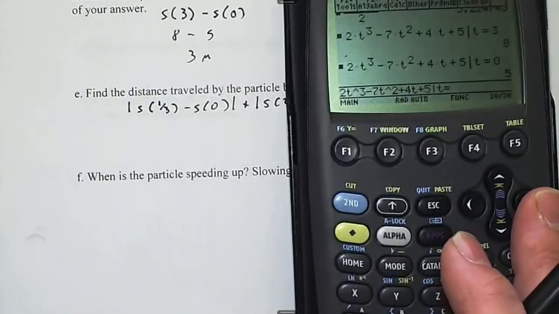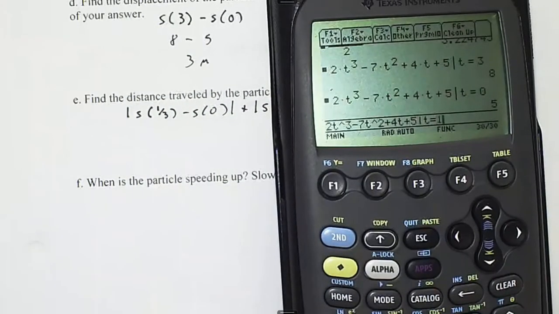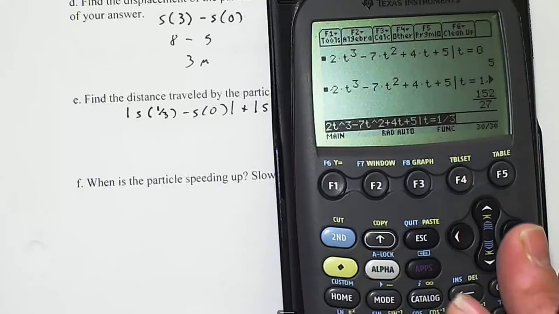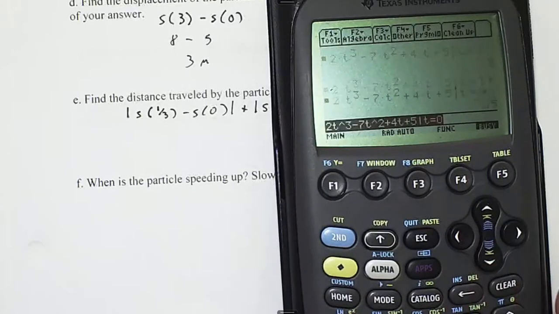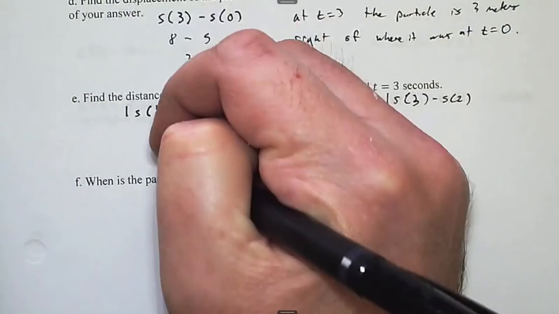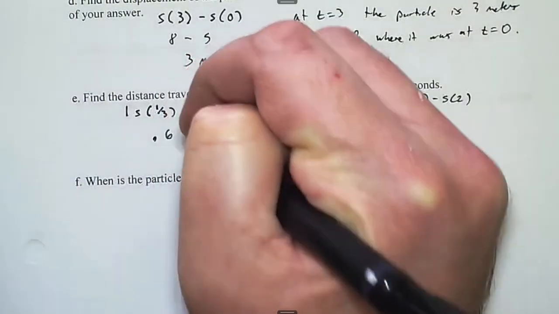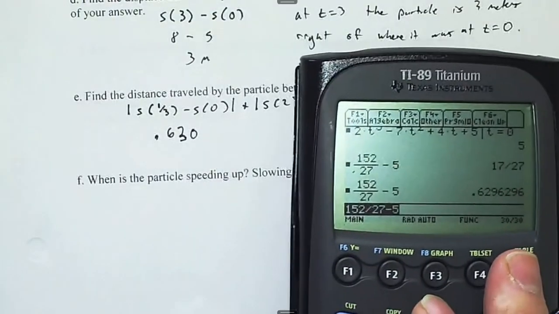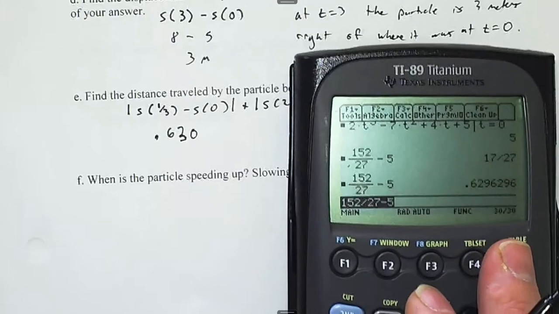Just to practice, I know you could plug these in by hand, but s of 1/3 is 152 over 27 minus s of 0. S of 0 was 5. So 152 over 27 minus 5. We'll go ahead and use decimal places. 0.630, 3 decimal places.